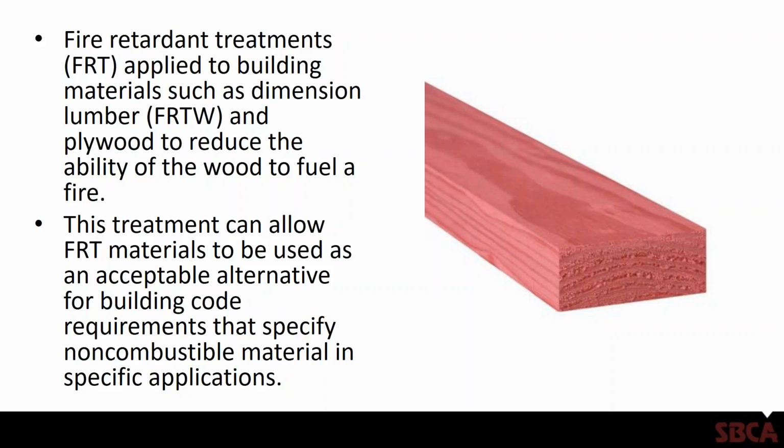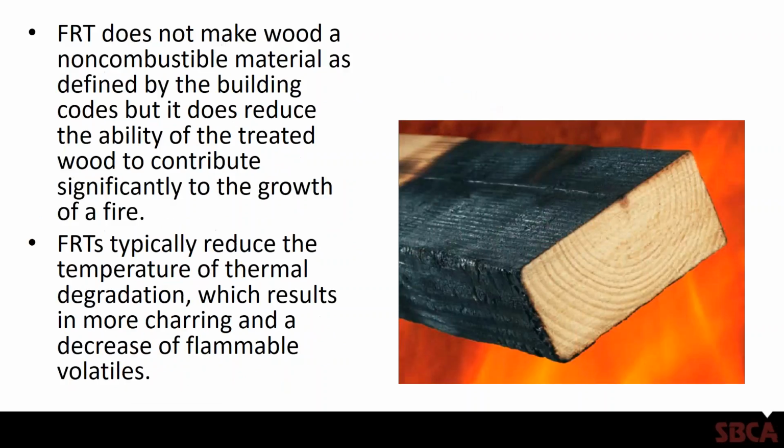This treatment can allow FRT materials to be used as an acceptable alternative for building code requirements that specify non-combustible materials in specific applications. Now, I want to make sure everybody understands, however, that FRTs do not make the wood non-combustible, at least from the definition that's used by the building code. However, they greatly reduce the flammability of the treated wood, thereby limiting its contribution to the growth of the fire.